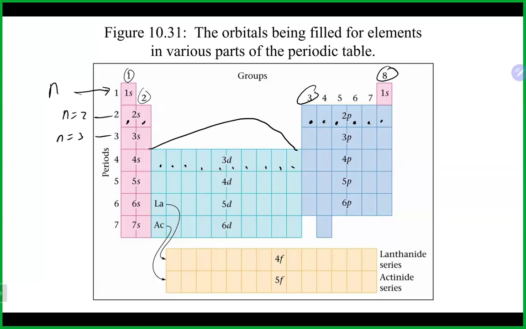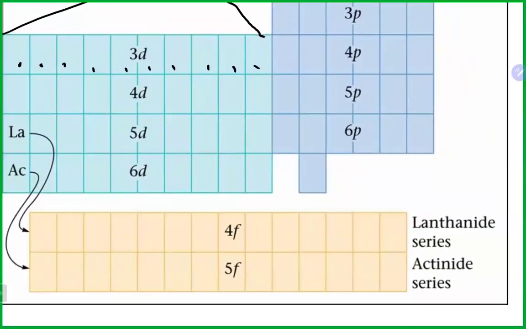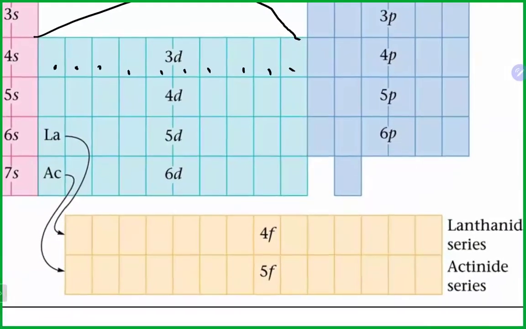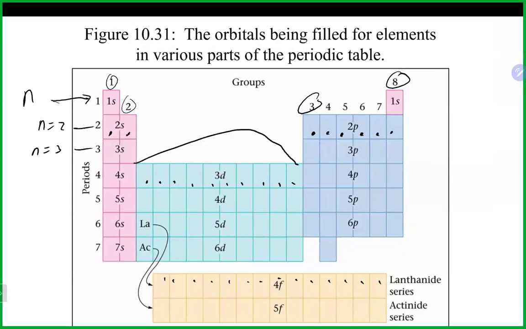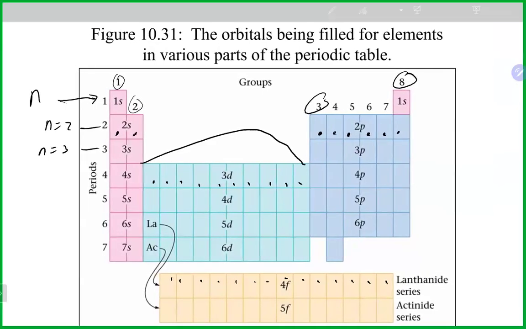Our two rows on the bottom are the f subshell, which you could do 14: 1, 2, 3, 4, 5, 6, 7, 8, 9, 10, 11, 12, 13, and 14. You basically could literally just count it off, if you know what you're doing. So you do want to be careful.